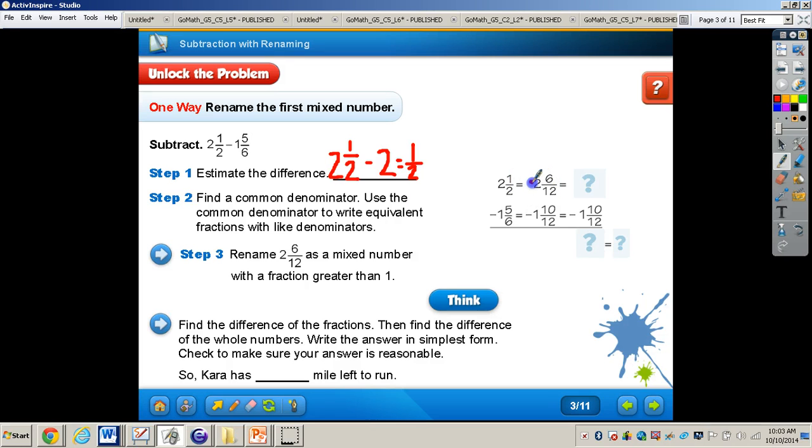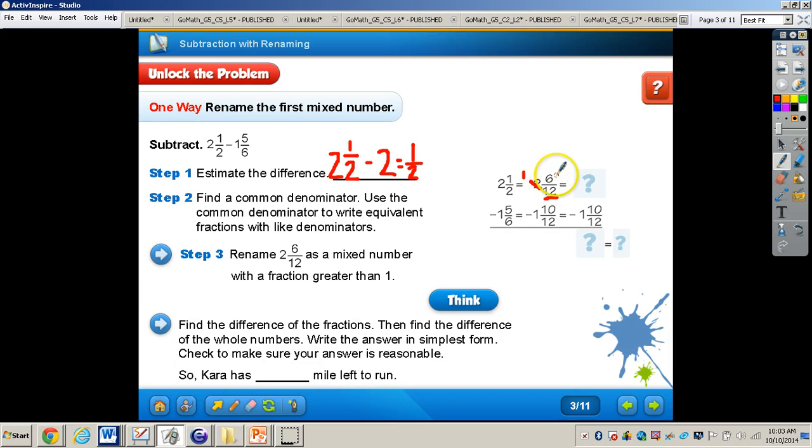That 2 is going to become a 1, and what we're doing is we're taking whatever the denominator is, we're adding 12/12 to 6/12. If that denominator was 13, we would add 13 to the numerator, for example. If it was 85, we would add 85 to that numerator. But remember, you're just adding 1, and no matter how you dice it up, a numerator and denominator that are equal always equals 1.